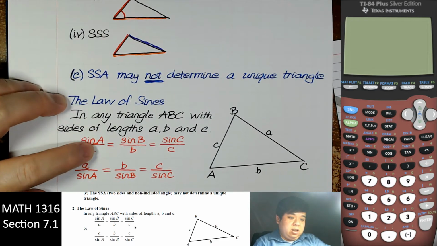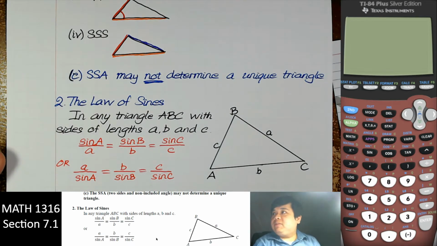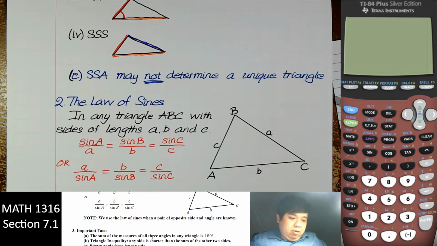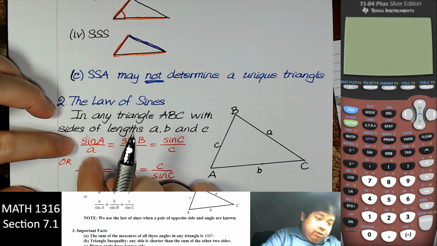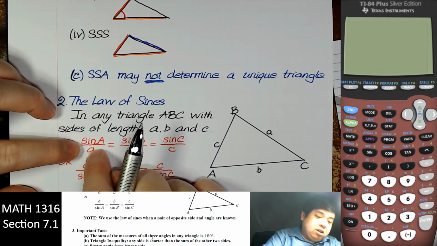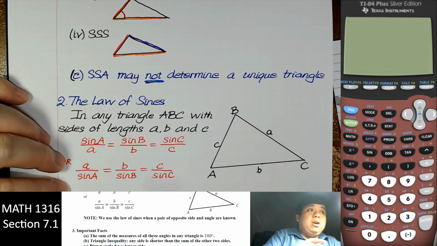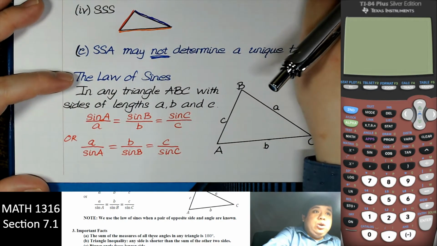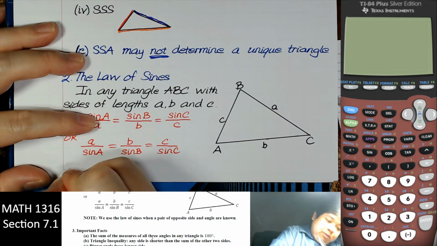The opposite angle and side have to be in the same fraction. Notice once again the ratio of the sine of an angle and the opposite side is a constant. Because of this, we use the law of sines when we know a pair of opposite side and angle.